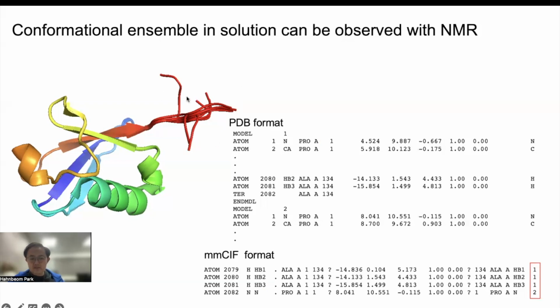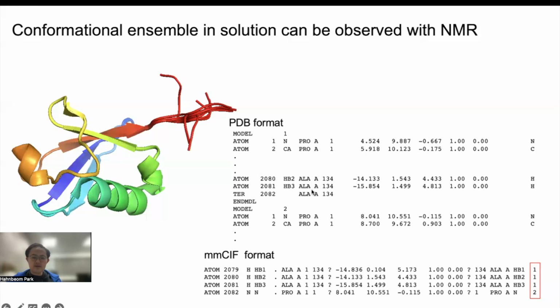You can see from these overlapped structures that the C-terminus of the protein is quite dynamic, and several loops are a little dynamic, and the other core parts are quite stable and static.